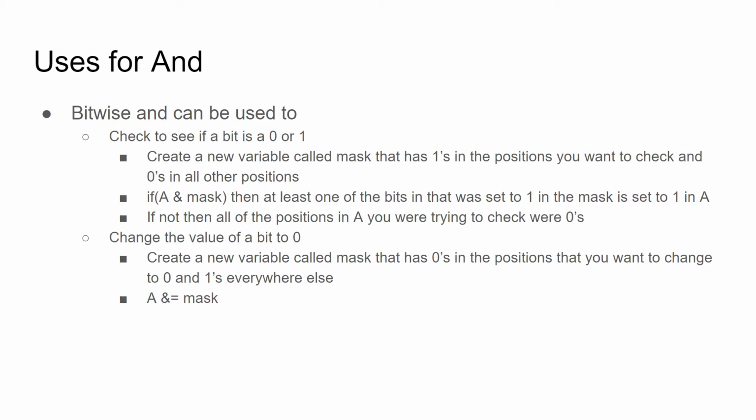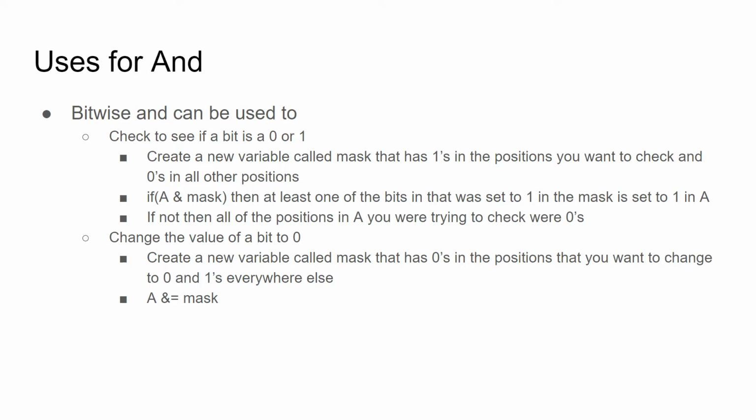So let's talk about what you can use each of these operators for. So a bitwise AND can be used for 2 different things. It can be used to check if a bit is a 0 or 1. And it can also be used to change the values of a bit to 0. So you guys may have heard this before, but let me just double check.